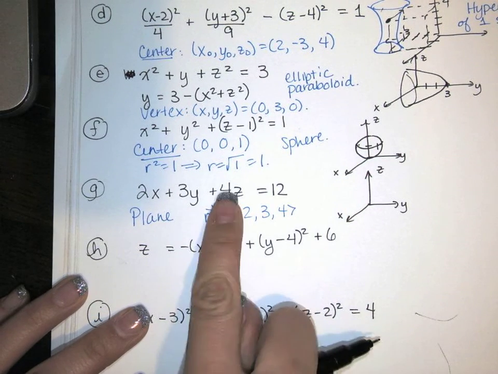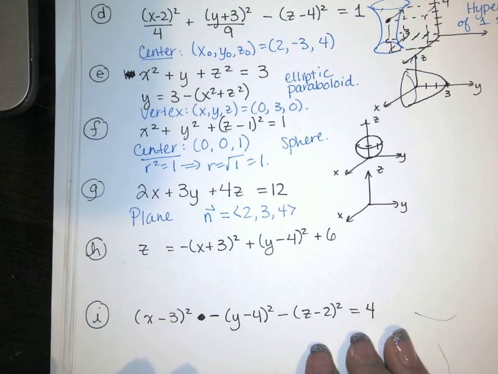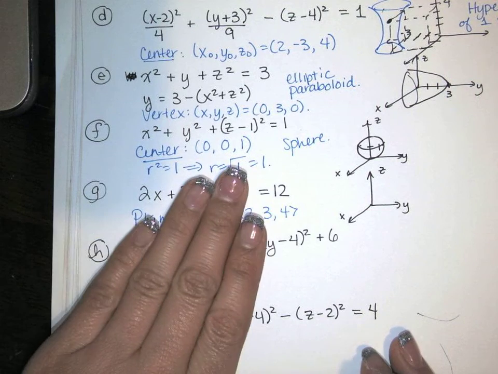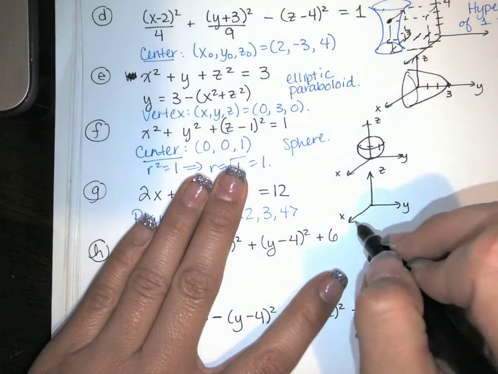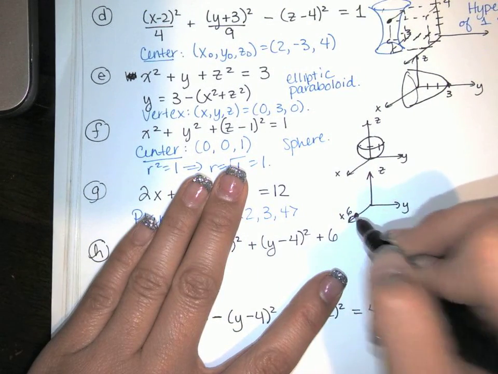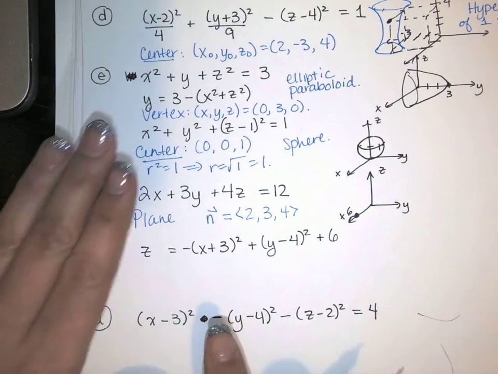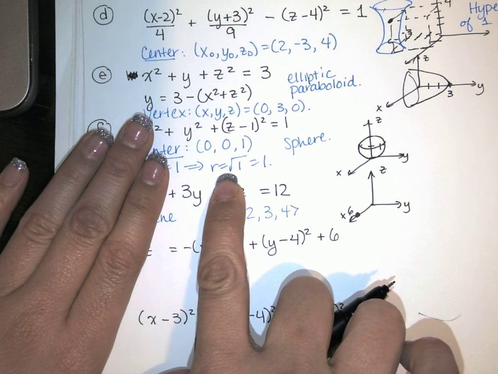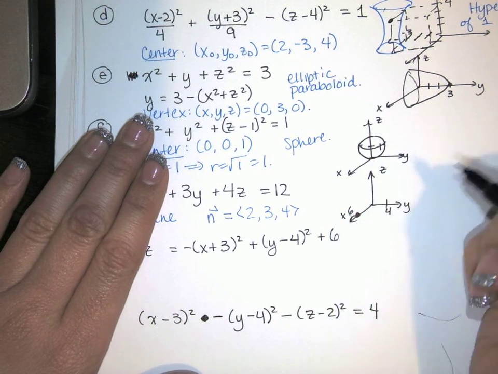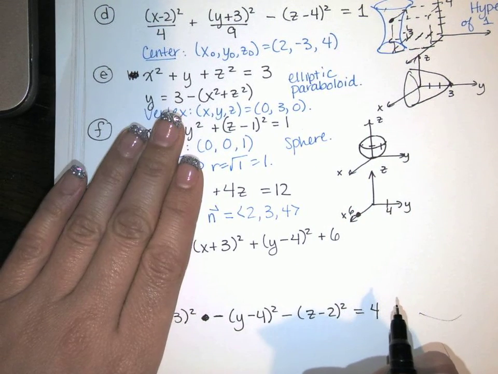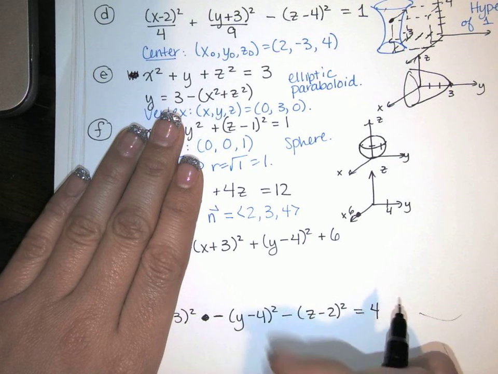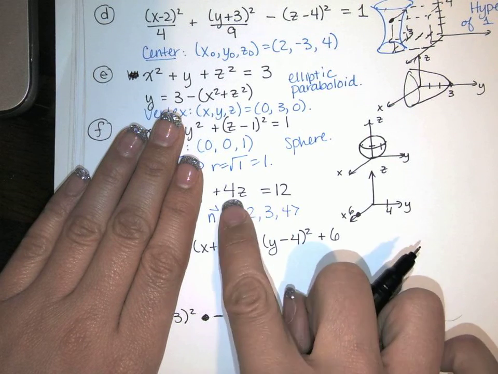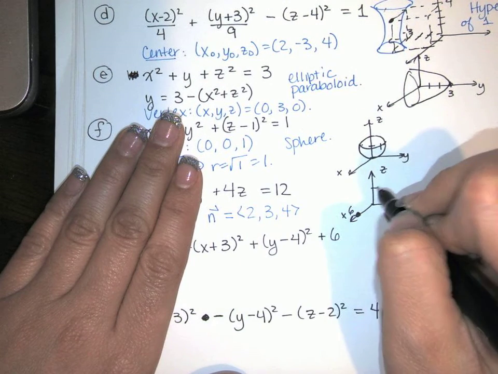So we'll let 2 variables be 0, solve for the third. Let y and z be 0. We get 2x equals 12, so x equals 6. Let x and z equal 0. We get 3y equals 12, so y equals 4. And x and y equal 0, 4z equals 12, so z equals 3.